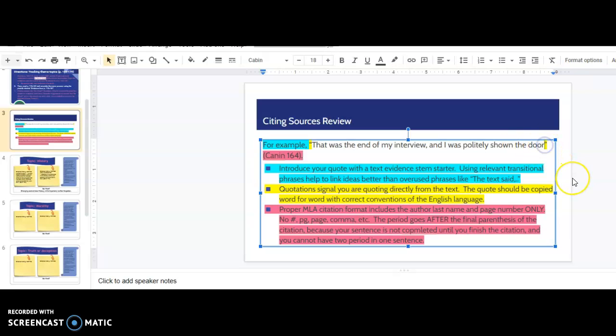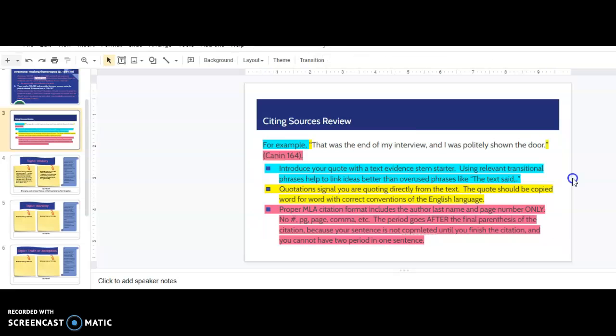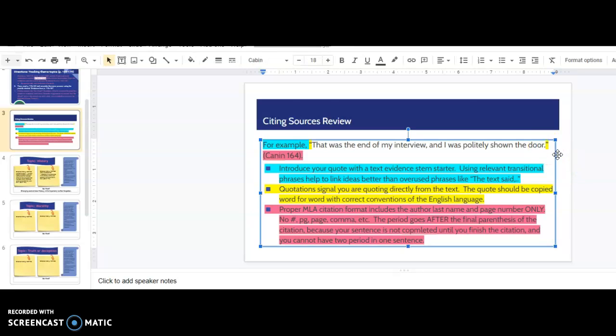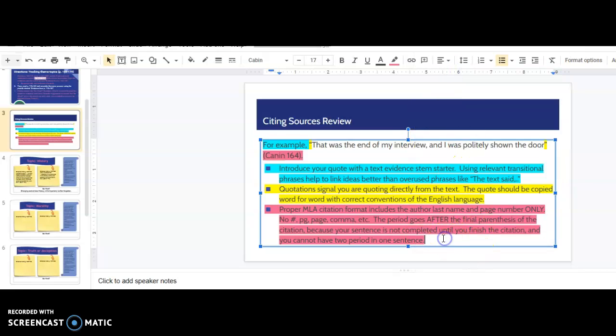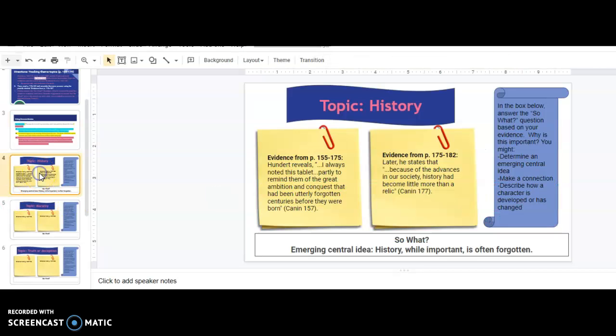Okay, so hypothetically, if you had a period at the end of your sentence here, well, you can't have two periods in a sentence. So you have to delete this period and move it to the end. I always like to think my sentence is not completed until I have that citation there. Okay, so you move it to after that last parentheses. And look at me, I have a typo down here. Let me fix that. Okay, so I expect to see those citations done correctly on your little post-its.